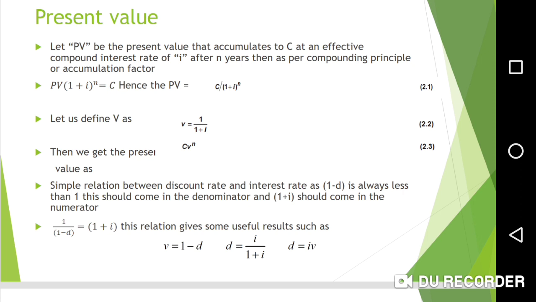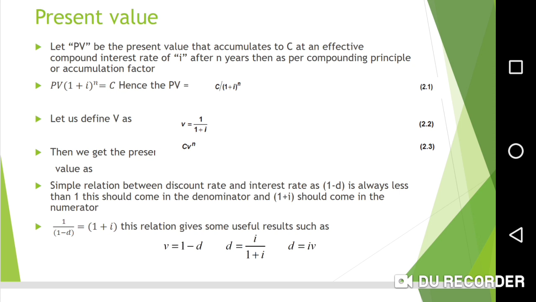Similarly, if we want to know the accumulated value at a given discount rate, we have to divide. Say we invest 100 rupees today and the current discount rate is some d, and we want to know the accumulated value after 1 year. We have to divide by 1 minus d, because 1 minus d is always less than 1.